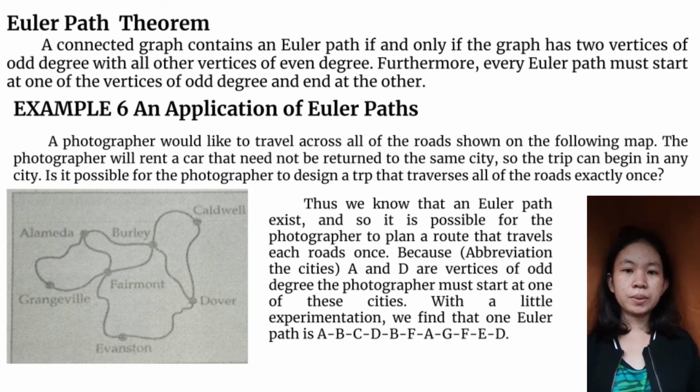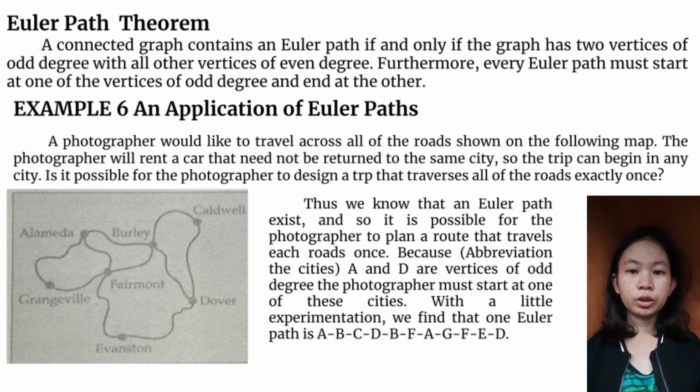Example 6. An application of an Euler path. Given the problem, is it possible for the photographer to design a trip that traverses all of the roads exactly once? Let's find out. As we know, an Euler path exists, and so it is possible for the photographer to plan a route that travels each road once, because A and D are vertices of odd degree.